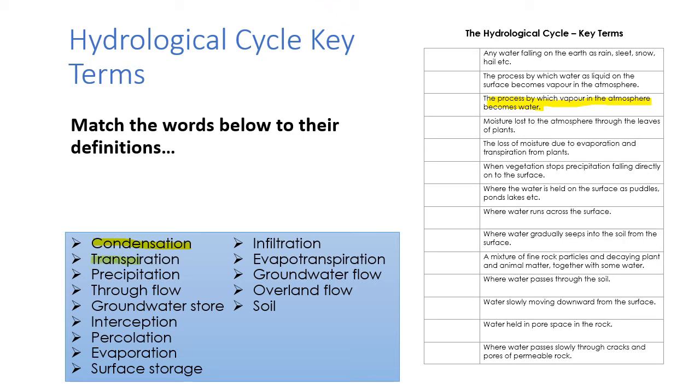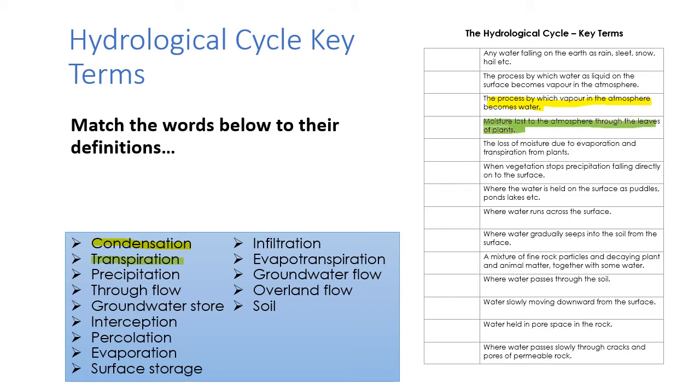Okay, let's go on to the next one then. Transpiration. Now, if something transpires, it's basically when a plant is breathing out, for want of a better word. During photosynthesis, plants emit water, and we call that transpiration. So that is moisture lost to the atmosphere through the leaves of plants.